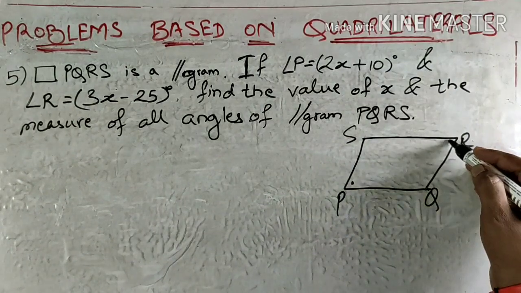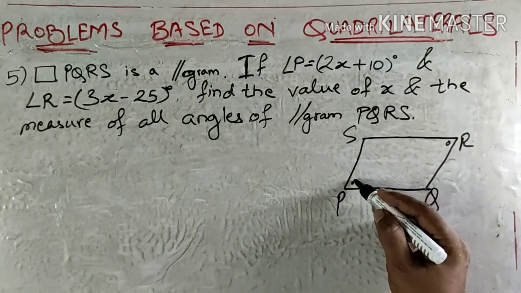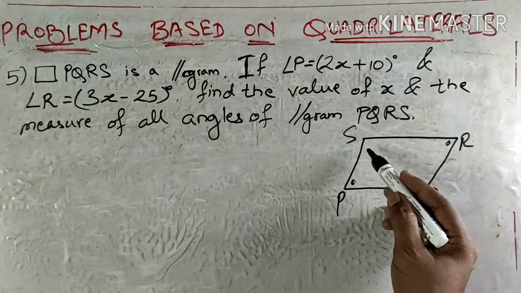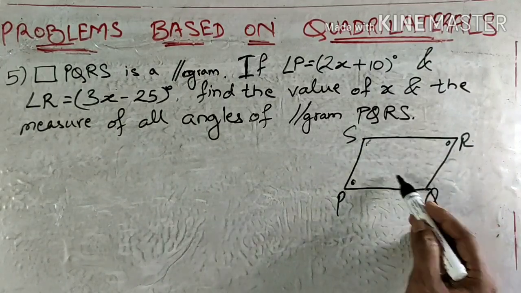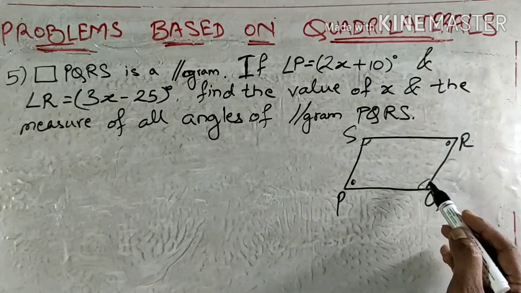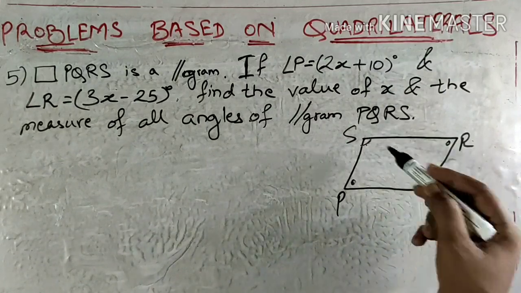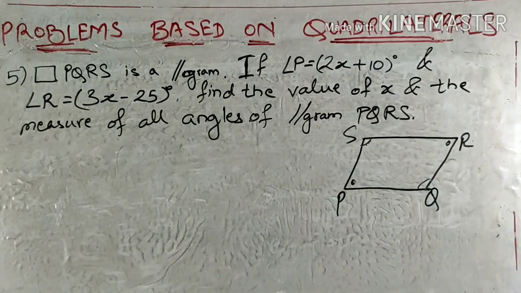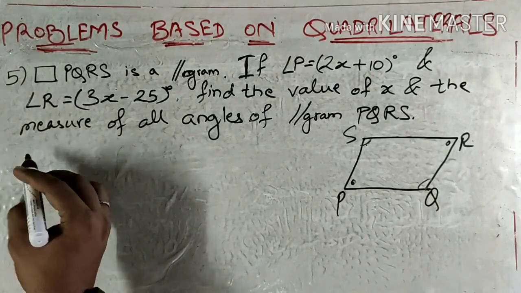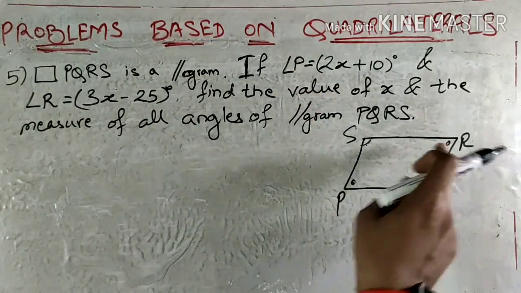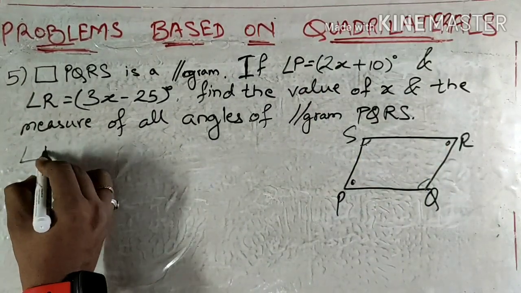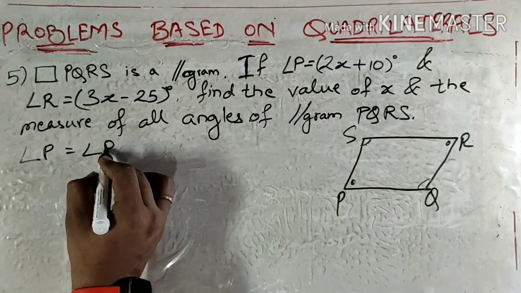We also know from the property of parallelogram that these two angles, opposite angles, are equal, and these two opposite angles are equal. That means angle P is equal to angle R and angle S is equal to angle Q. So let's quickly equate the two angles, that is P and R, the values of which are given. Angle P is equal to angle R.